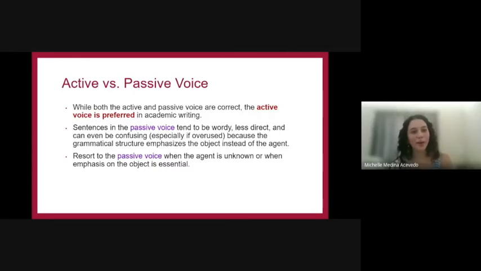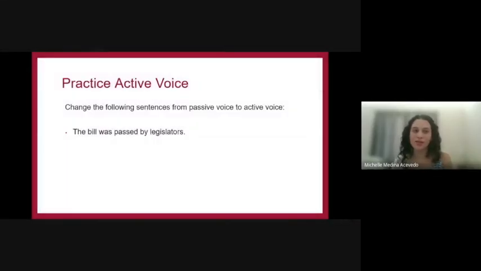Okay, so now we are going to go into a practice. I want you to change this sentence from the passive voice to the active voice. So, like I said, we would use the order that I gave previously. So object, verb, and then agent. So if we have the sentence, the bill was passed by legislators, how can we change the order to make it into active voice?